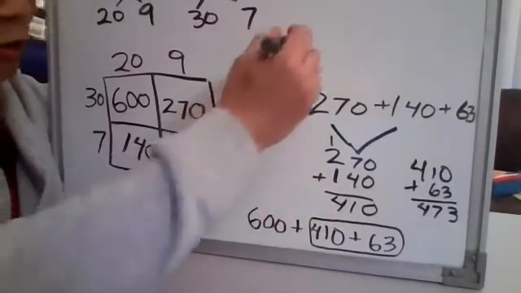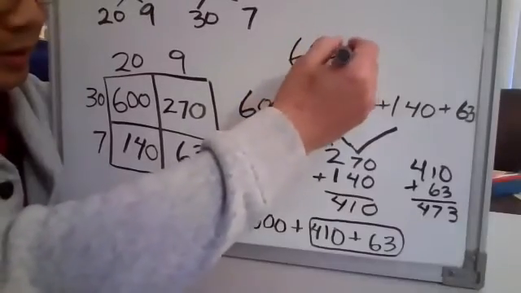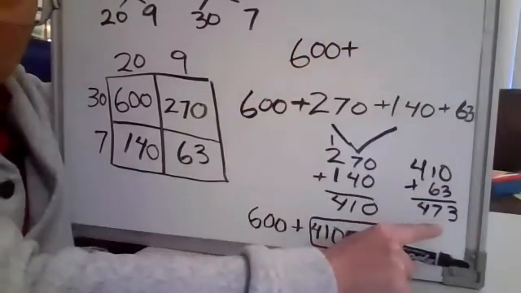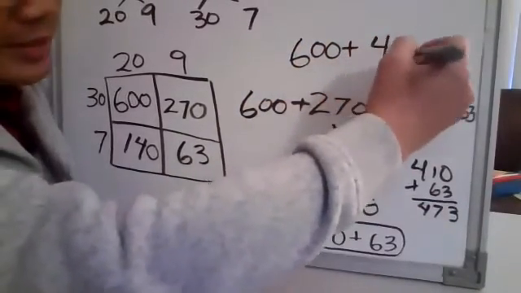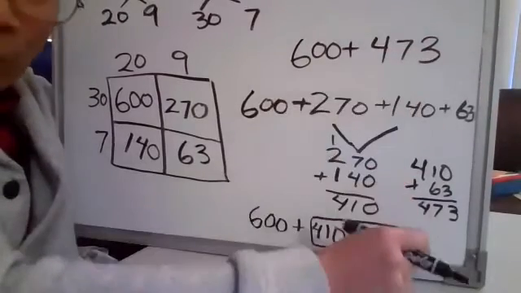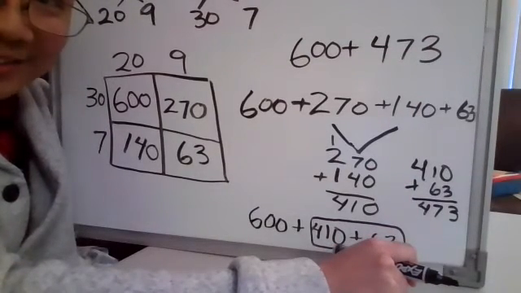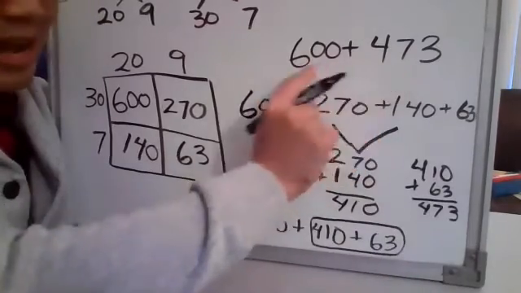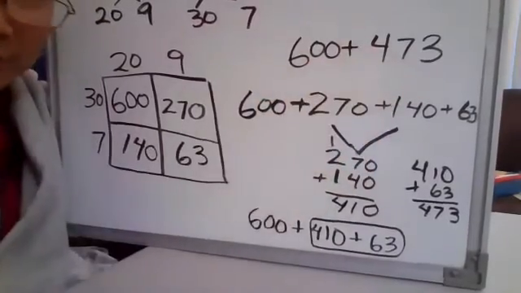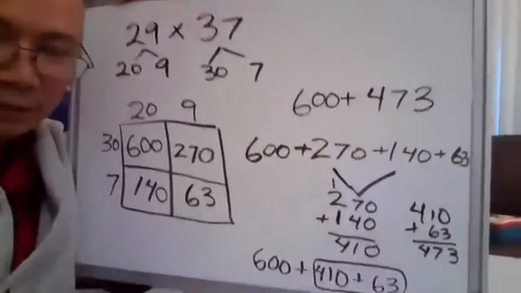Now I have 600 plus 473. Wow. When you're in 6th grade, you're going to see numbers like this. So the last thing I'm going to add is this. 600 plus 473.